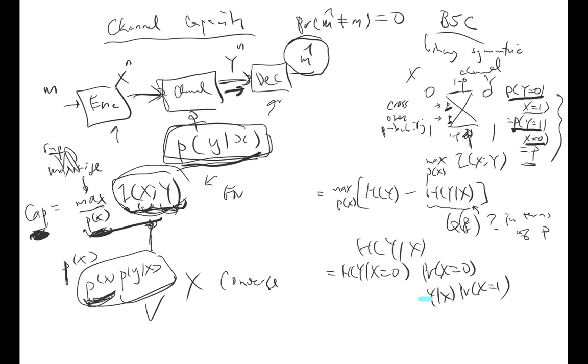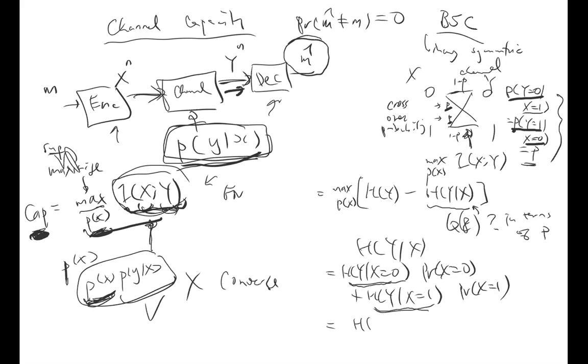Plus H(Y|X = 1), right? And so what are these guys here now? Almost correct. And this is just H(p), right? These two guys are just H(p), but you have to be careful.